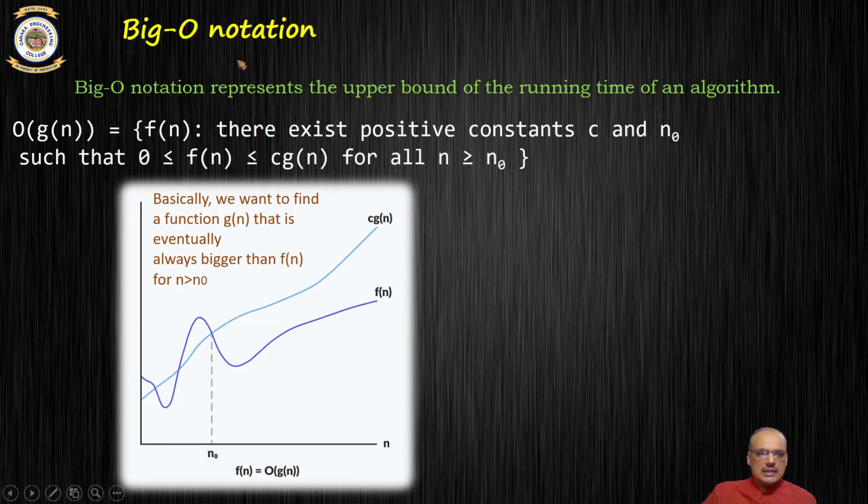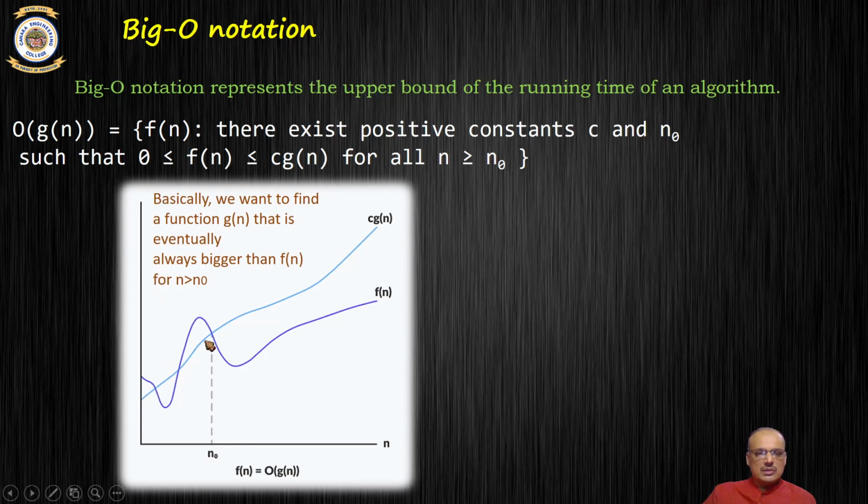So this is what big O stands for. Okay, so we say O of g of n is equal to f of n if c into g of n is always greater than f of n from n naught onwards. Okay, so here you see this function c into g of n, where c is a constant, and n naught is a constant, a particular instance of n.